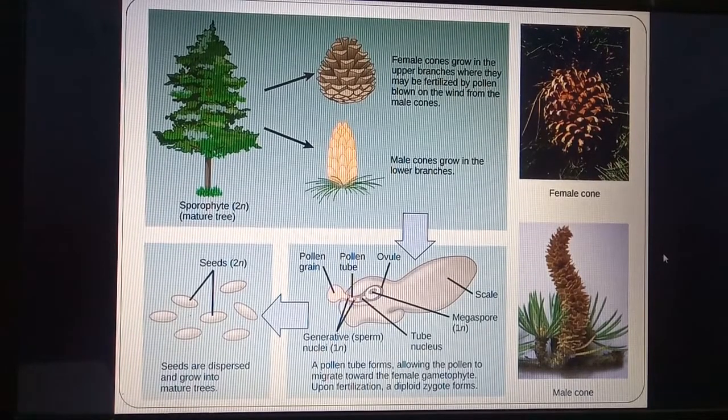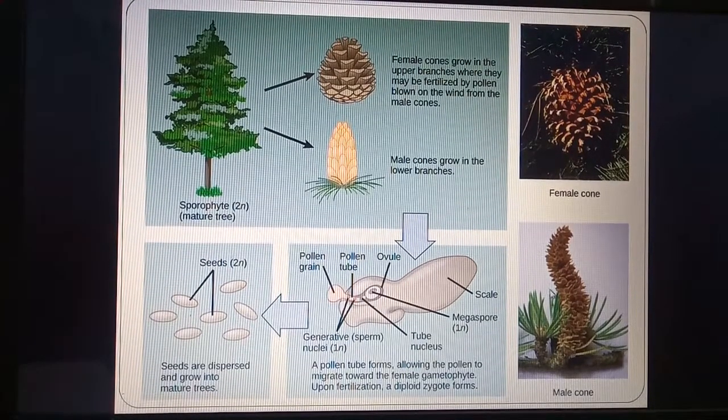It has two types of cones, the female cone which grows on upper branches and the male cone, which is smaller and grows on lower branches. Then the pollen grain is released and we can see that the pollen grain lands, forms a pollen tube and the material enters the ovule. Finally the seed is formed and they are dispersed from mature trees to the surroundings.